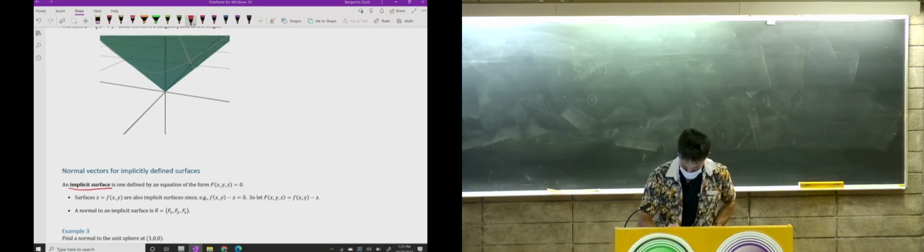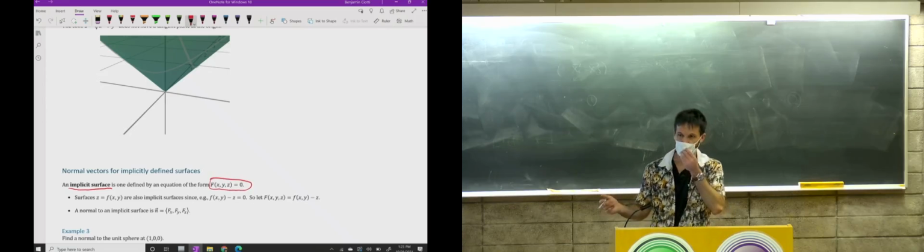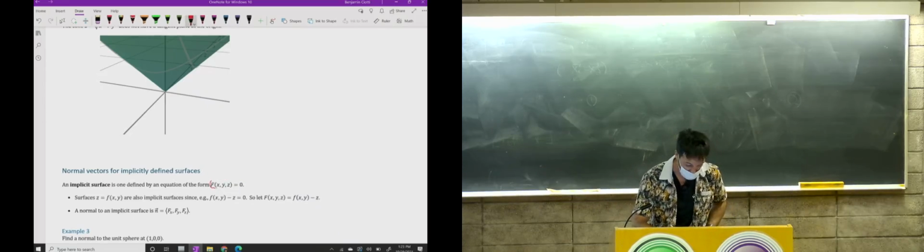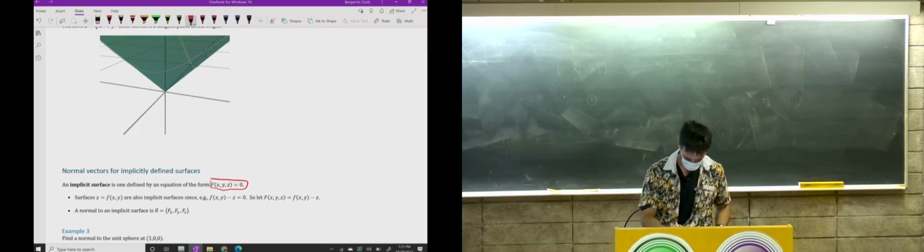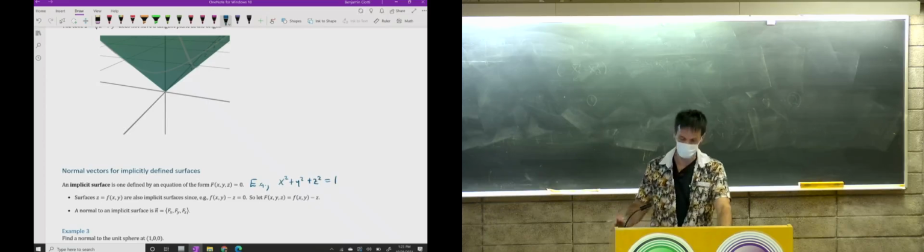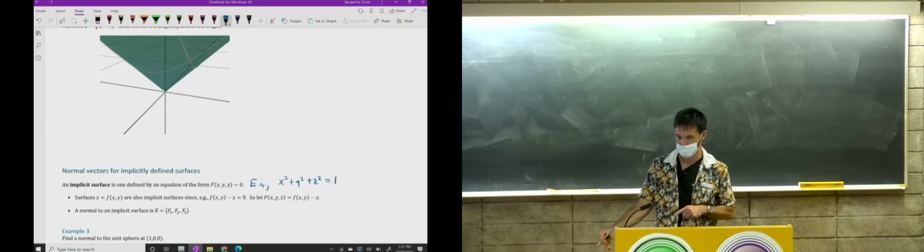Implicit surfaces are just equations that relate x, y, and z. Or sorry, one equation that relates x, y, and z. So it's something of the form some function involving x, y, and z equals 0. So for example, x squared plus y squared plus z squared equals 1, AKA the unit sphere, would be an example of an implicitly defined surface.